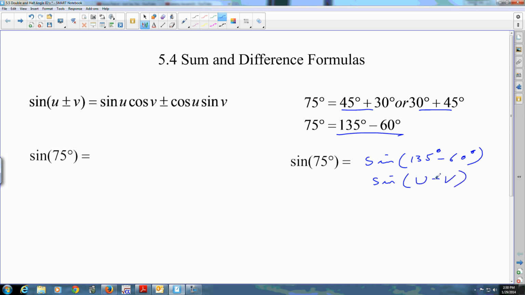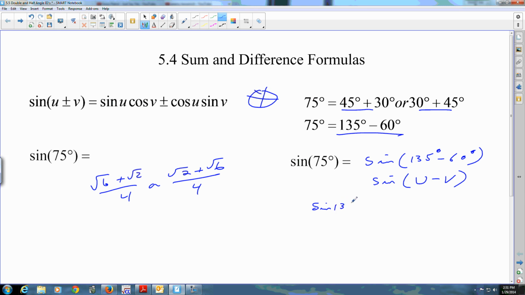That's u, that's v, and this time you got a subtraction. Since there's a subtraction here, you use the subtraction there. And remember the answer was square root of 6 plus square root of 2 over 4, or square root of 2 plus the square root of 6 over 4. So it's going to be the same answer. Okay, 135 degrees. Remember, you're right there.